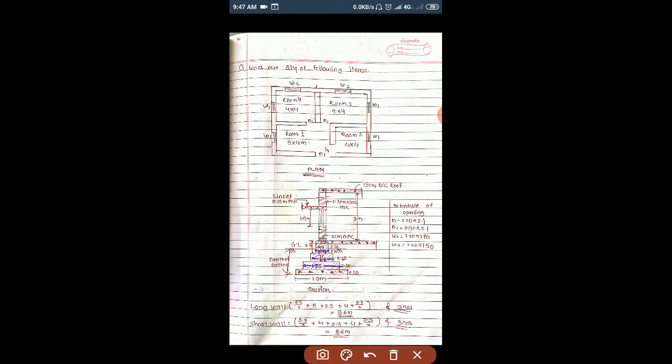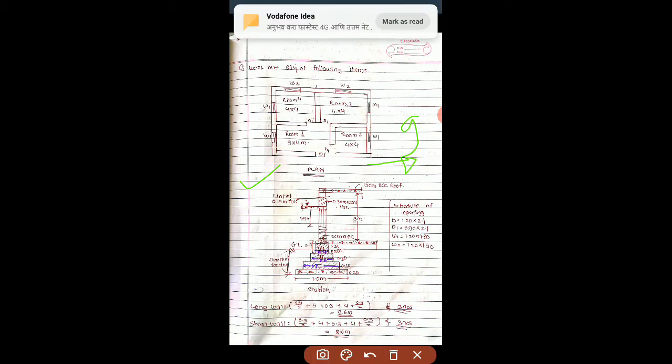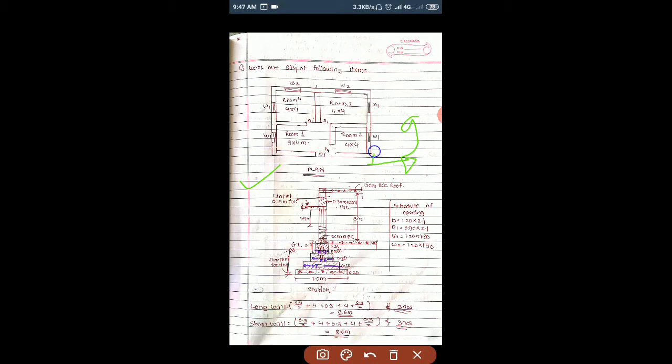From this plan we have 5 plus 4, so it is 9 in the x direction, and 4 plus 4, that is 8 in the y direction. So we will take the horizontal walls as long walls and the vertical walls as short walls.